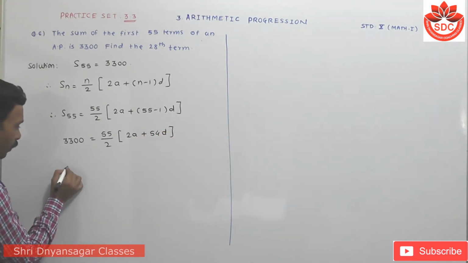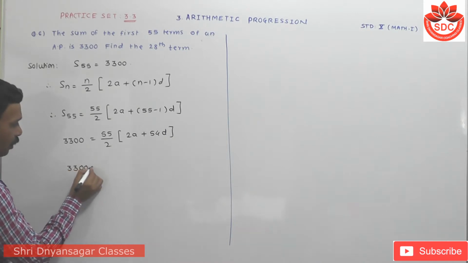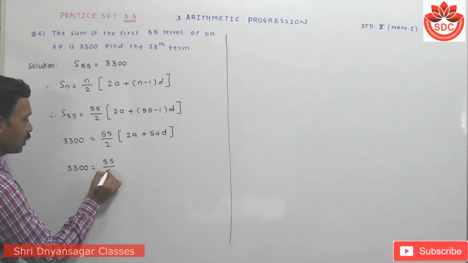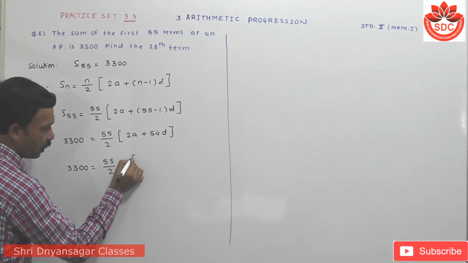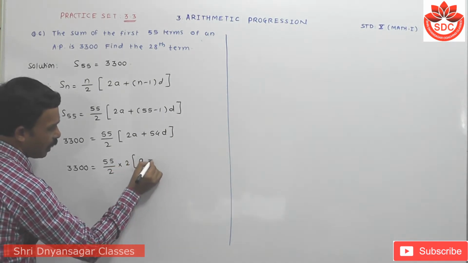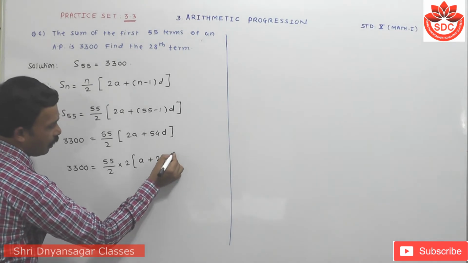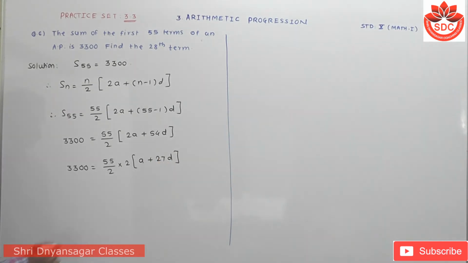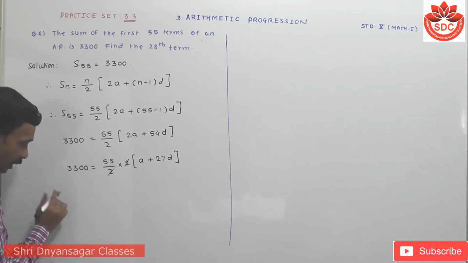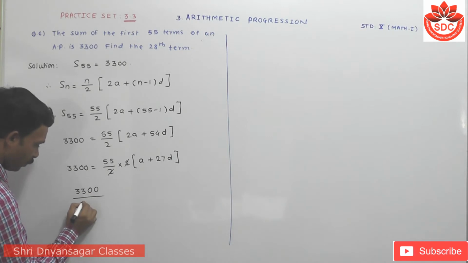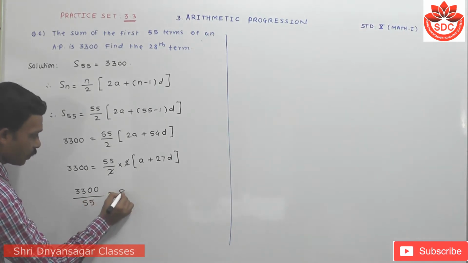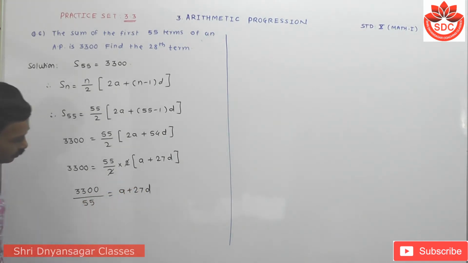Students, when we look carefully, we take 2 common from this bracket, so this value becomes 2. Then in the bracket the remaining is a plus 27d. Can you understand this? Then these 2 get cancelled. Then this 55 goes to the denominator, so 3300 upon 55 is equal to a plus 27d.